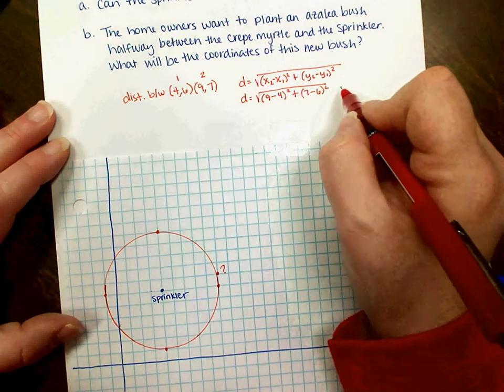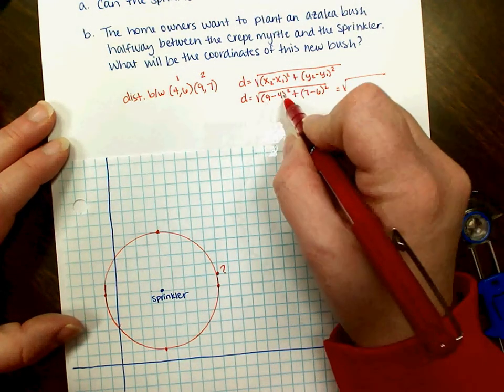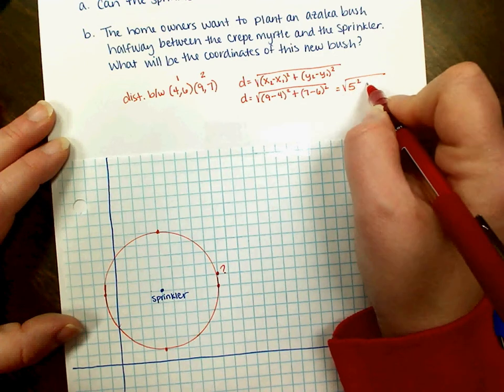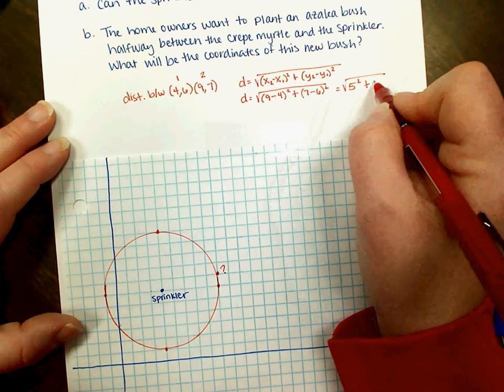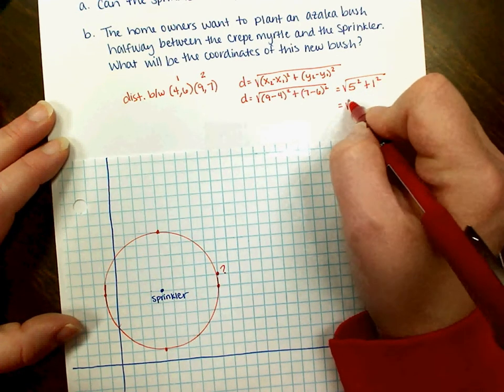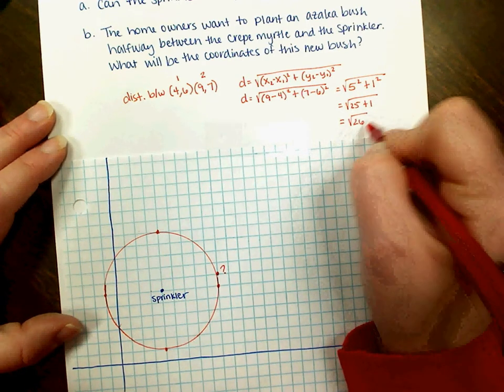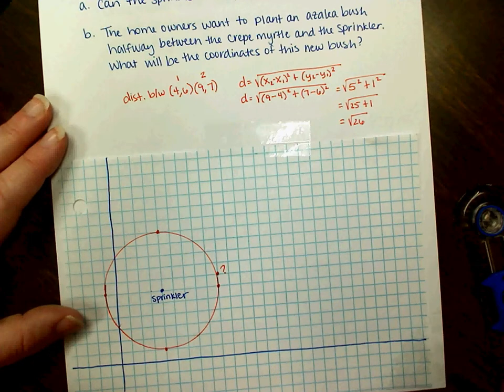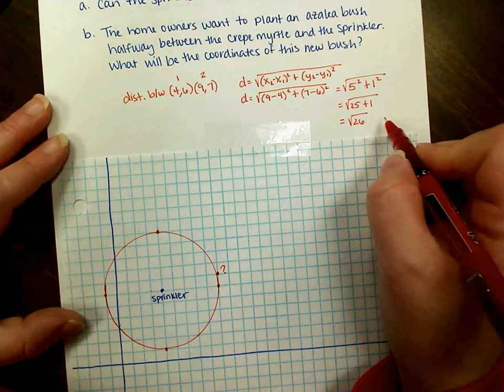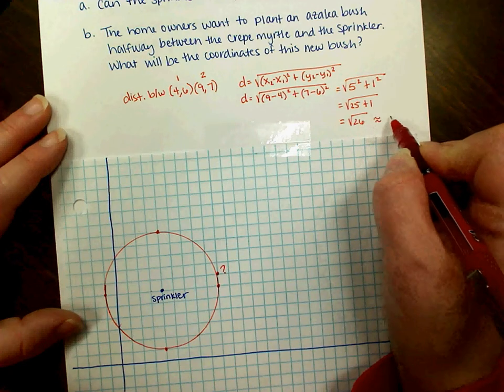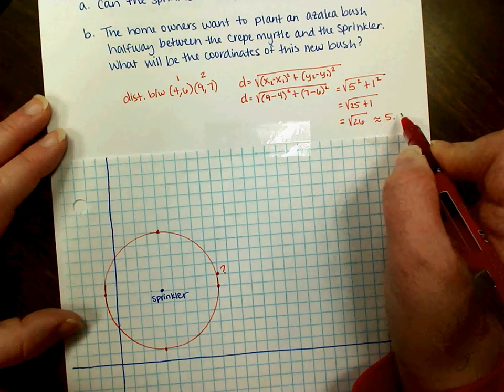So I have the square root of 5 squared plus 1 squared, which is the square root of 25 plus 1, or the square root of 26. Now 26 is not a perfect square, so since the square root is an irrational number, we have to round it off. To the nearest tenth, that's approximately 5.1.